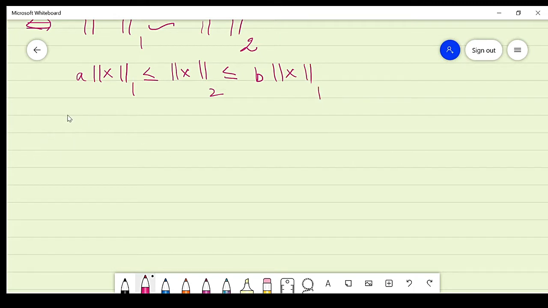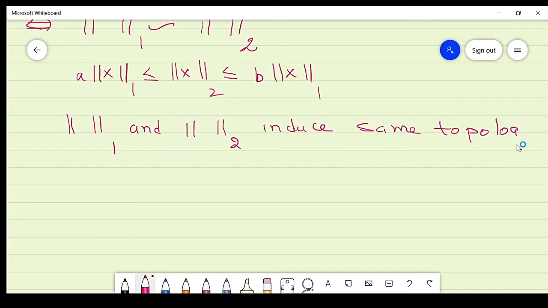And the second meaning is norm 1 and norm 2 induce the same topology on N, on the normed linear space N, right? So mathematically, this can be written as norm 1 and norm 2 are equivalent, right?